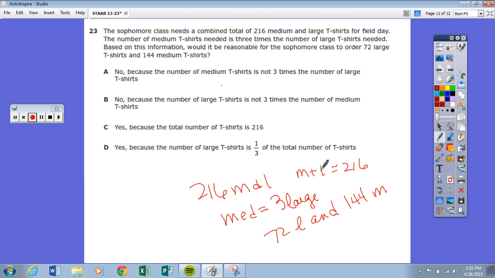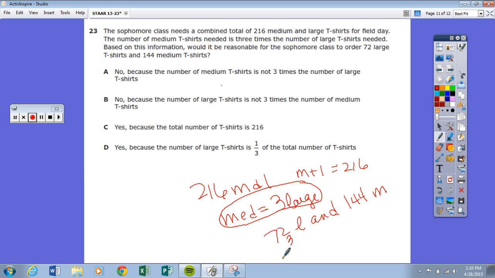Well, if you've been kind of writing this out as you go, all you have to do is check your numbers. So in other words, the first thing I would do is add 72 and 144 and make sure it equals 216. And I believe it does, so that doesn't help me. This is probably the statement I need to check, okay? So, is 144 3 times the amount of the larges?